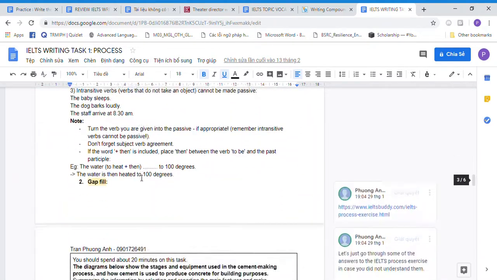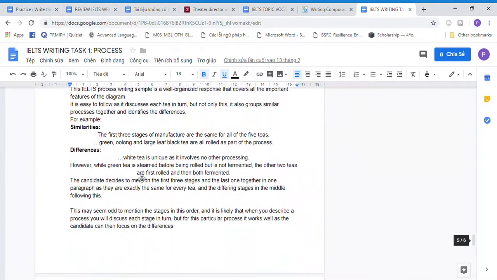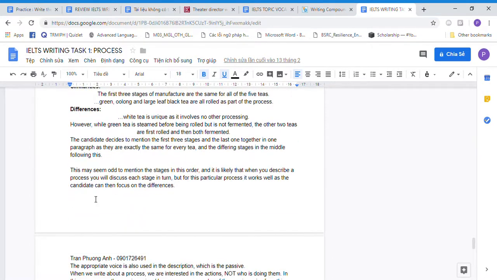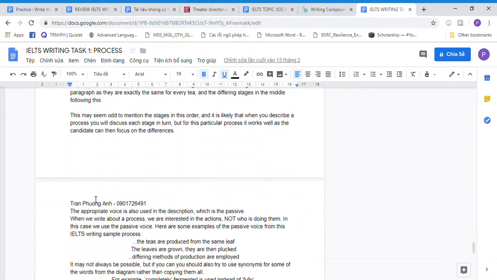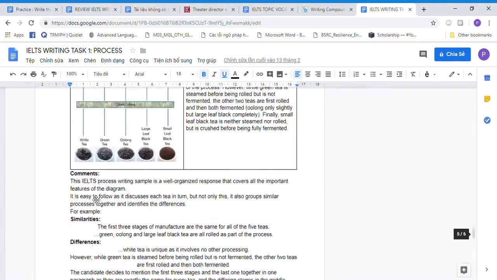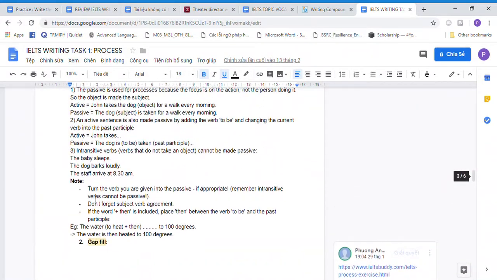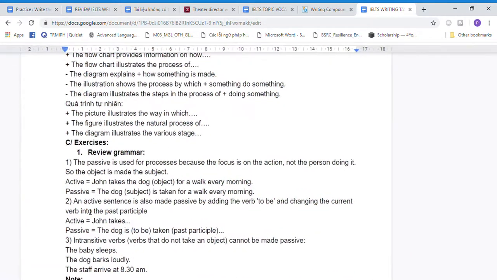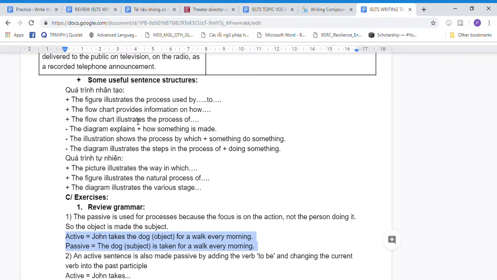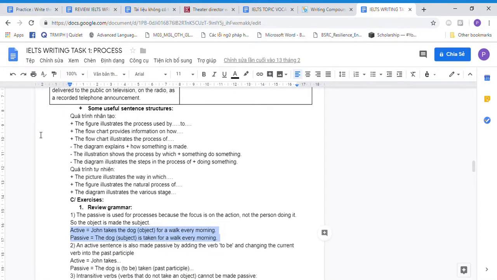In this type of essay, you will have to use the passive voice in the writing task 1 process.